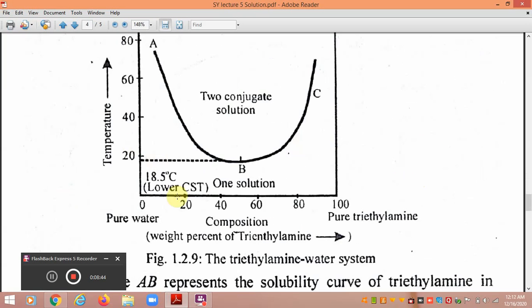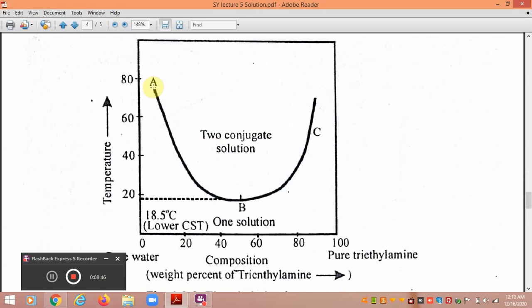Here is the diagram that you can see. This line AB indicates the saturated solution of A in B, meaning triethylamine in water, and the BC line indicates the solution of B in A. It means this is the solution of water in triethylamine, and the mutual solubility goes on increasing with decreasing temperature.